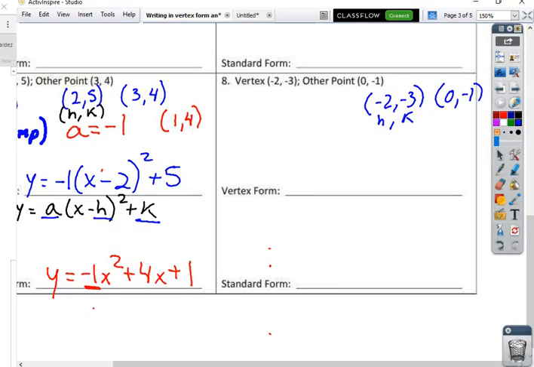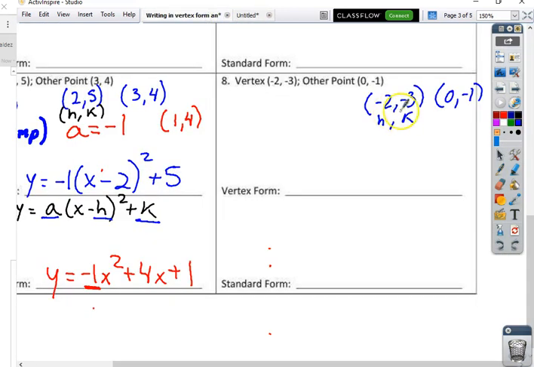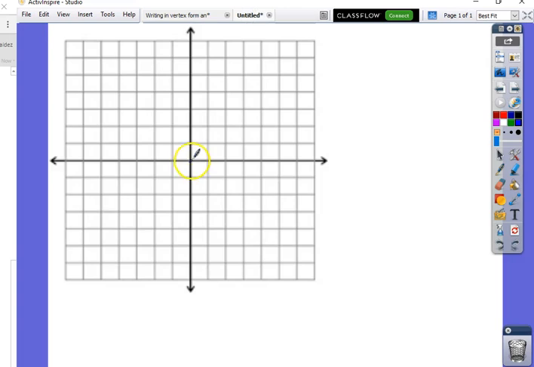So I'm going to go back to my graph. Now I'm going to plot my point. Now the point was -2 and -3. So remember, you run -2, so -1, -2, then going down 3, so -1, -2, -3, right about here.